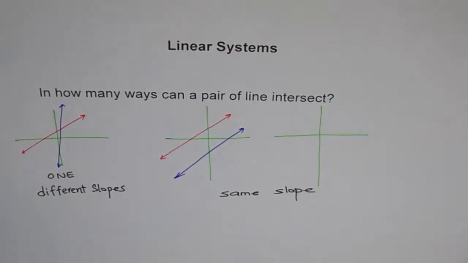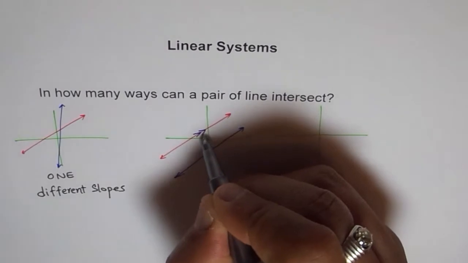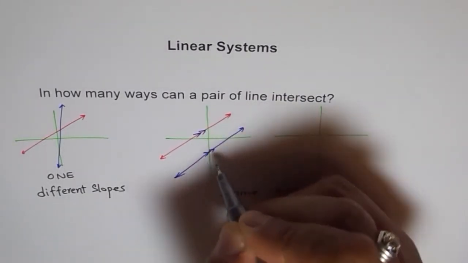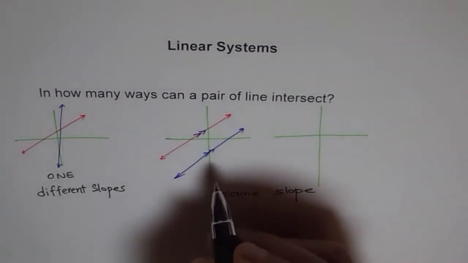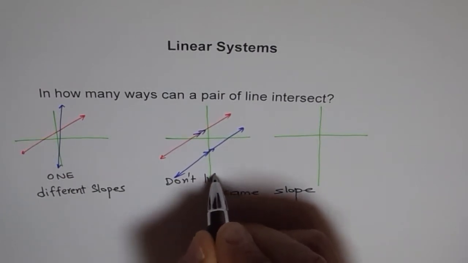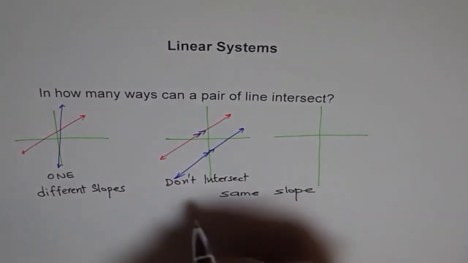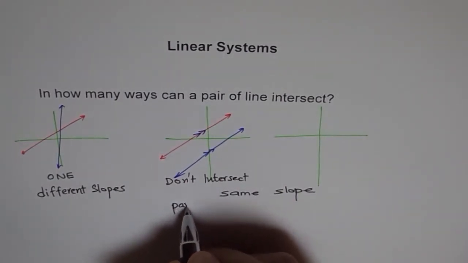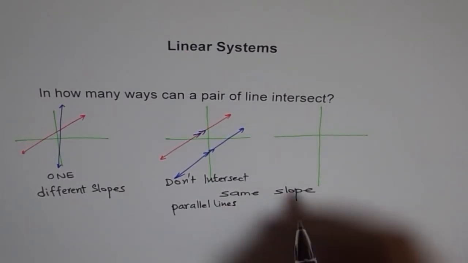Let's assume that their slopes are the same. So what we are indicating is that the lines are parallel, like this. So if we have parallel lines, same slope, and they don't intersect, then we say there is no solution, or they don't intersect. That means these lines are parallel lines, right? And they have the same slope.